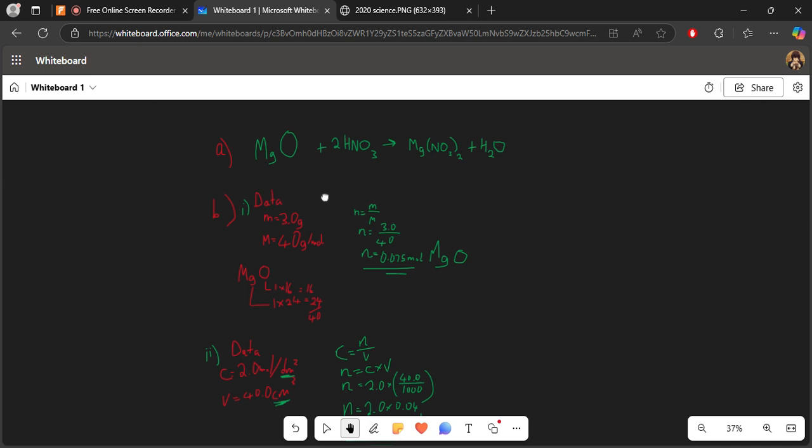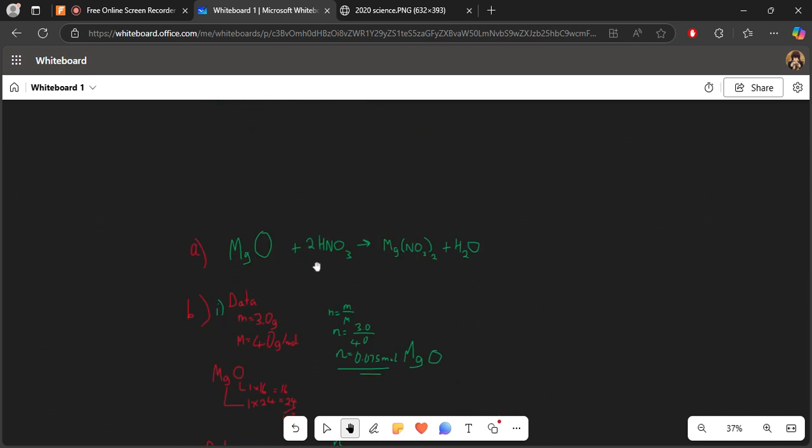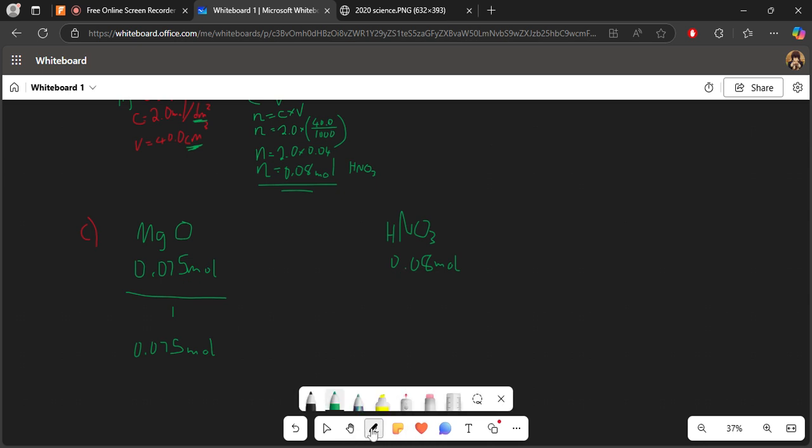We have a 1 here, so we are going to divide by 1 to get 0.075 moles. The reason we divide is because these numbers tell us the ratio in which these reactants need to be for them to completely react. So here we're going to divide by 2, and we're going to get 0.04 moles.